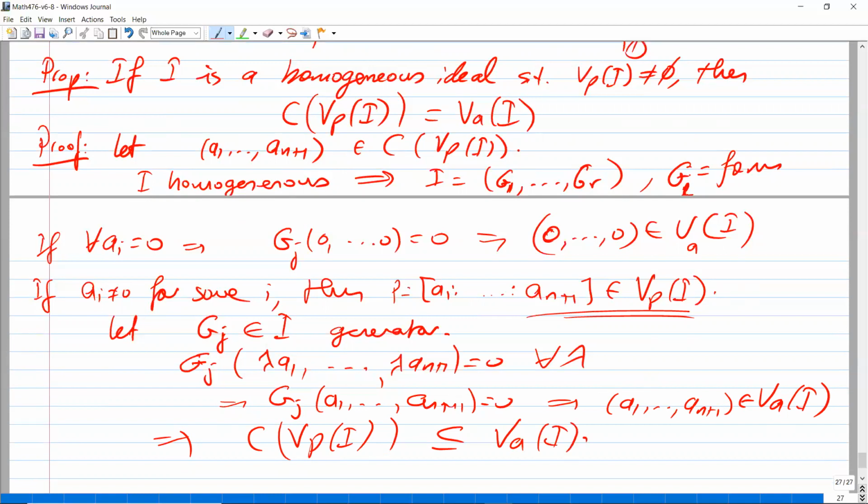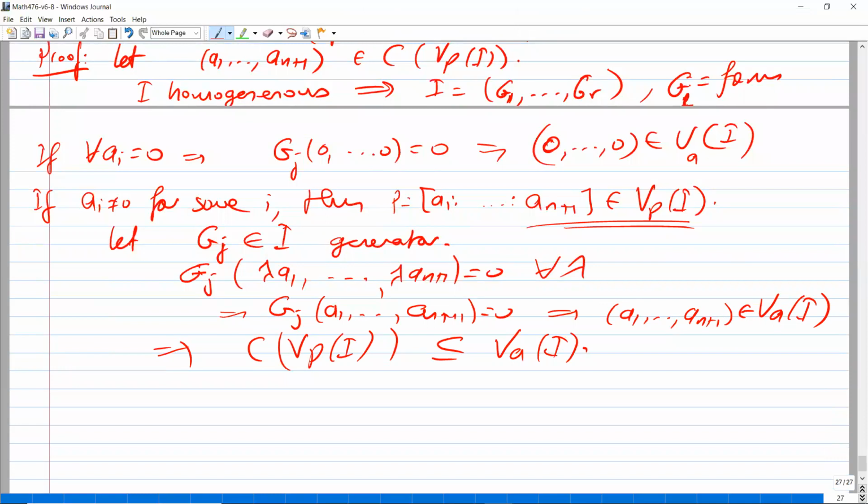Okay, and I will leave the rest to you, and you should show that VA of I is inside the cone of VPI so that they are equal. Okay, I will leave that part.